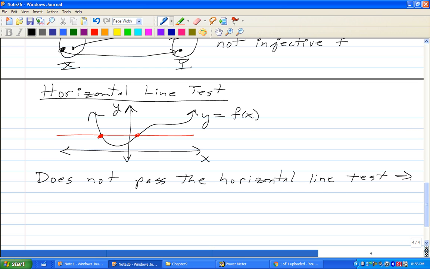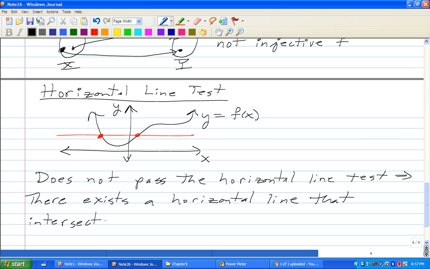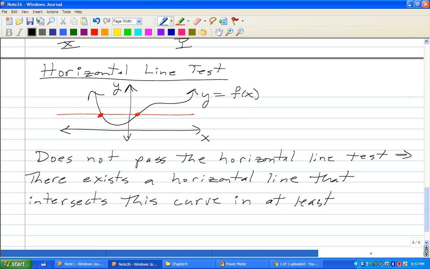And so that says that this does not pass a horizontal line test if there exists a horizontal line that intersects this curve in at least two locations.